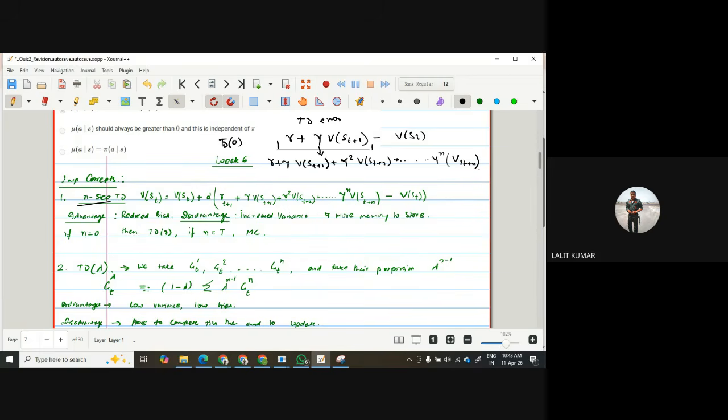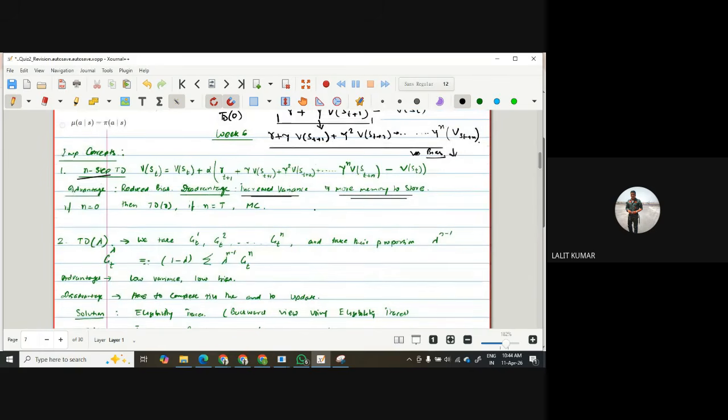Now, what are the advantages and disadvantages? The advantage is that you are reducing the bias, so it is more accurate. The disadvantage is that it has increased variance and requires more memory to store.